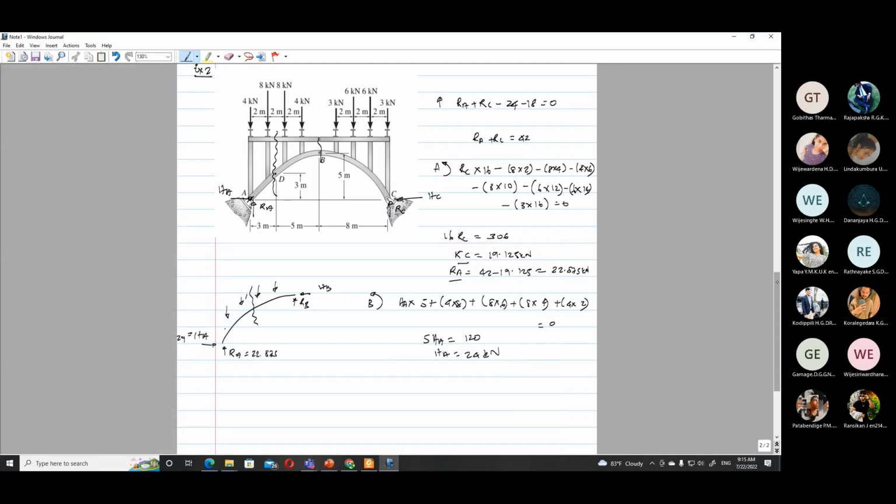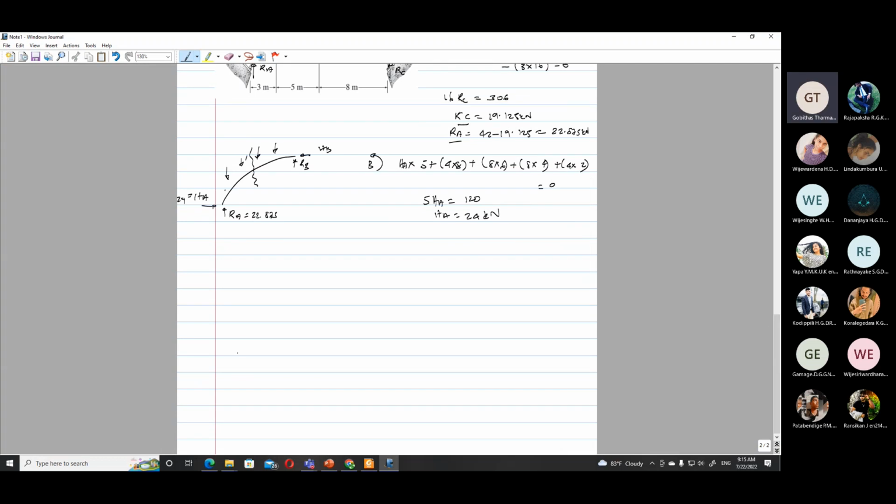So if I cut at that point at D, here I have the reactions known. It's 24, and I have this force.